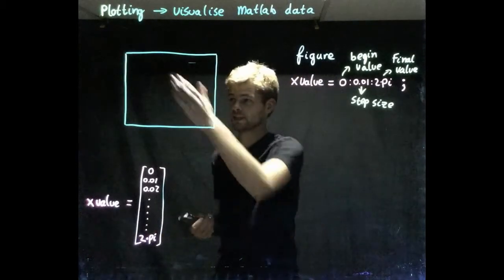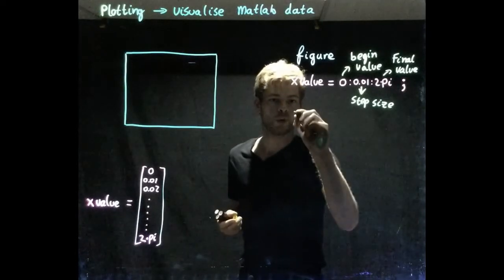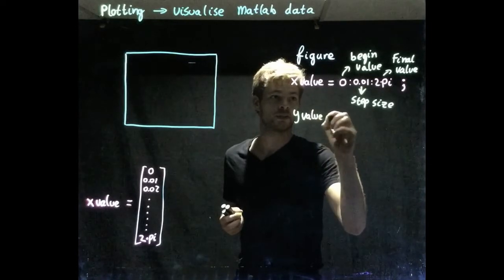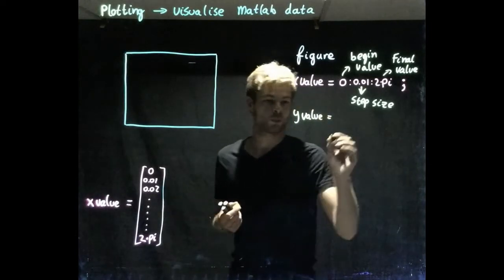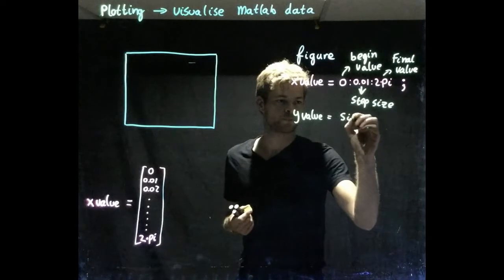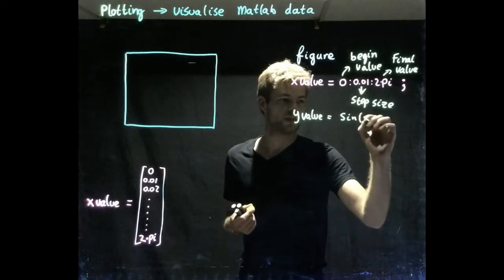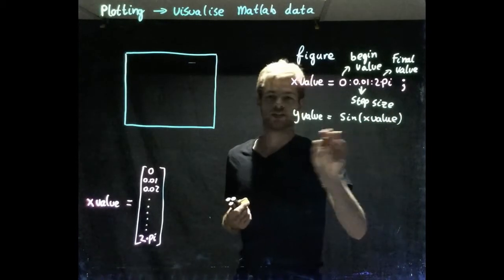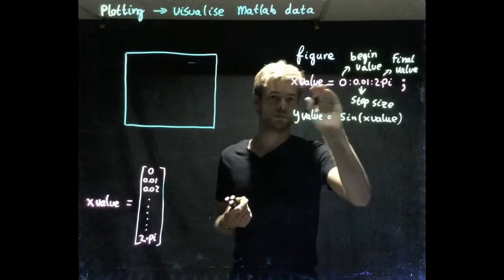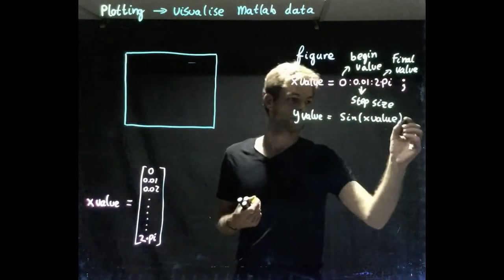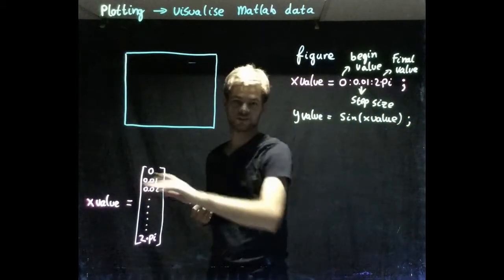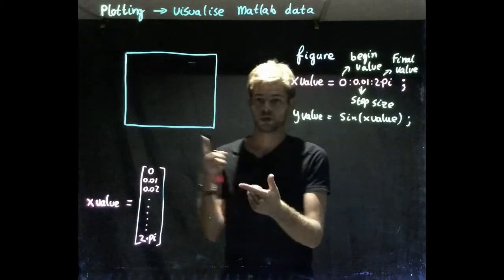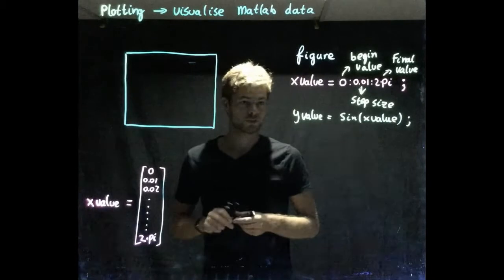And because I want to make a 2D plot, I need my y value as well. Y value. And I define my y value as the sine of the x value. So sine is a MATLAB command, and the input will be the vector of the x value. So it will result in another vector containing my y values. So now I have an x value and a y value, and I'm going to plot this.